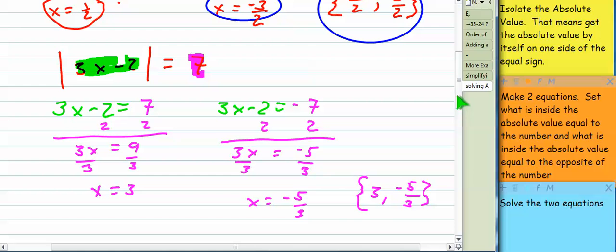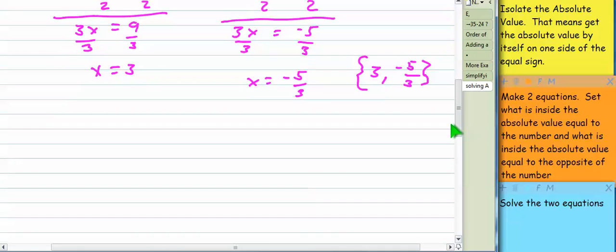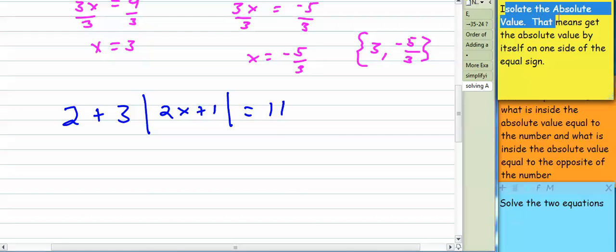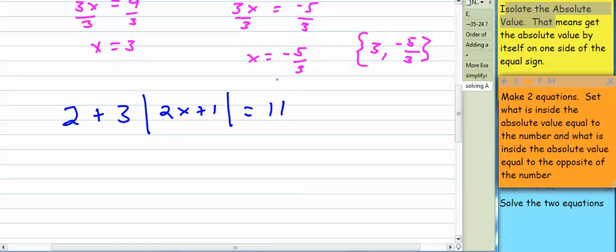All right, the other type of equation requires us to isolate the absolute value first. So if I have 2 plus 3 times the absolute value of 2x plus 1 equals 11, our first step is to isolate the absolute value. We have to get the absolute value by itself.